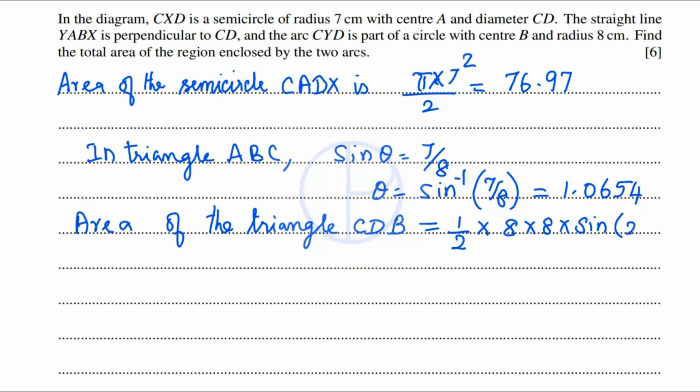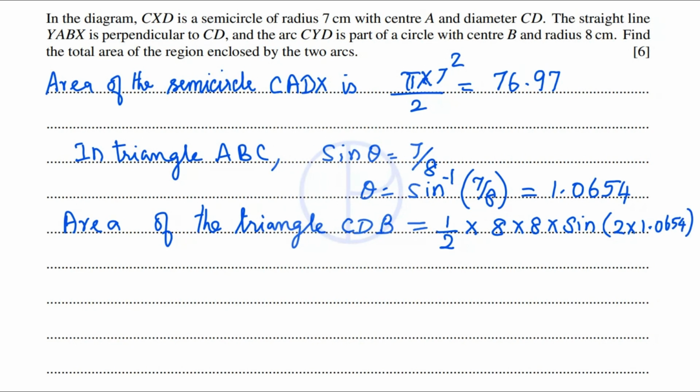So 2 multiplied by 1.0654. On simplification, we get 27.11 is the area of the triangle CDB.